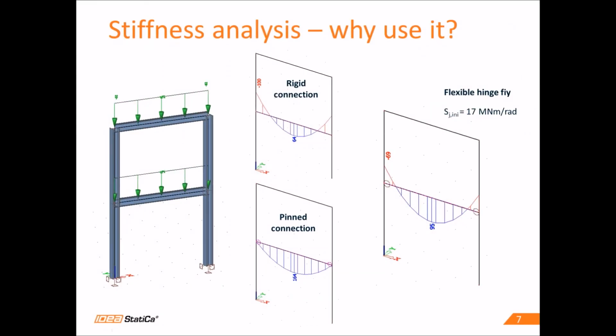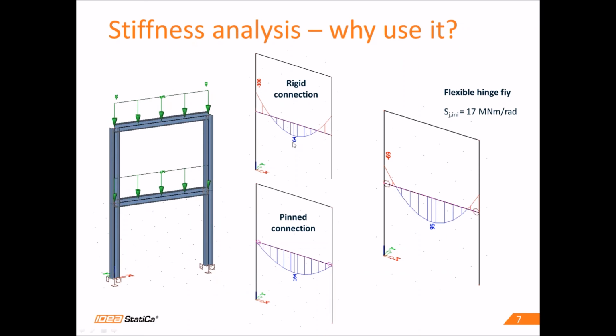Maybe you have a question why to use it. Here we made for you a simple example. It's a rigid frame with a linear load along the length, and we can see results for a rigid connection and a pinned connection.